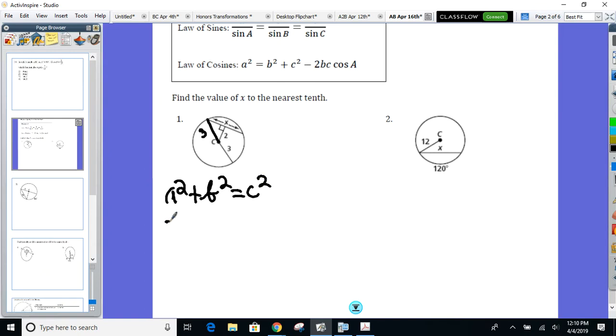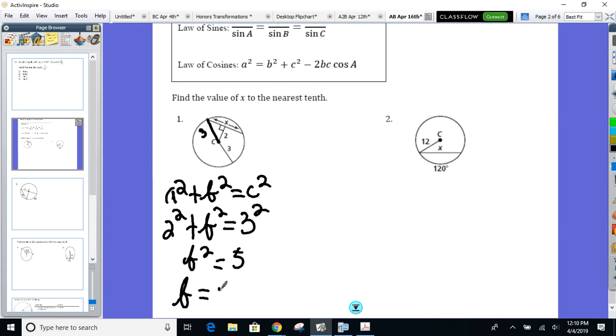We can say 2 squared plus b squared, and the radius is acting as the hypotenuse, so I plug it in for c. Keep it going. B squared is equal to 5. And we're going to keep this in radical form, so half the chord is the square root of 5.